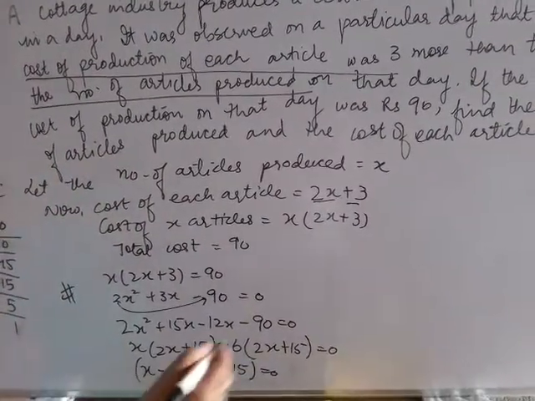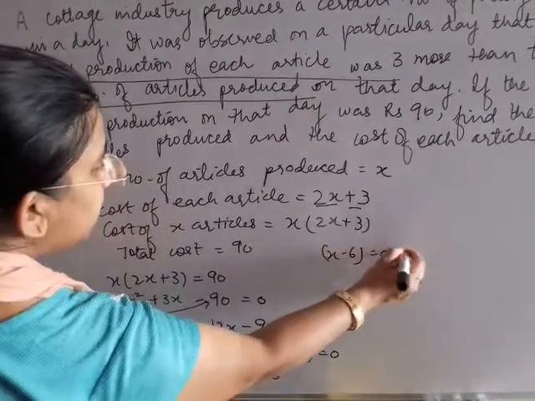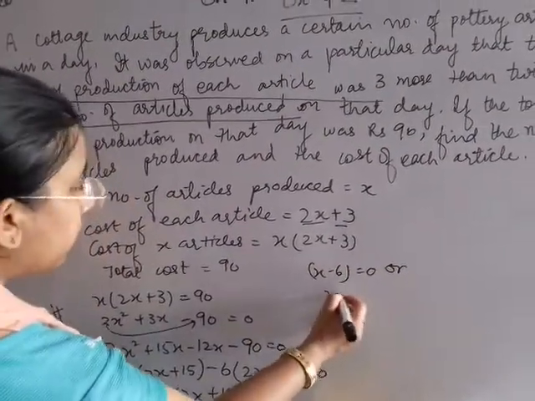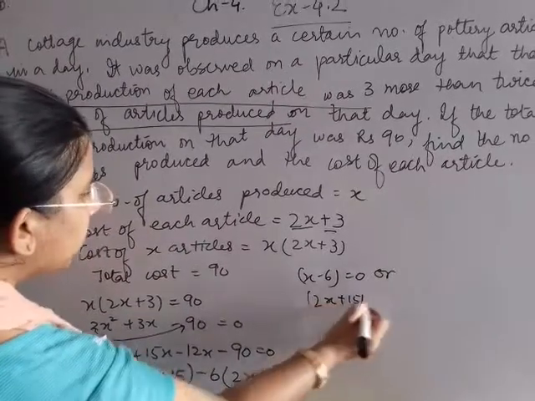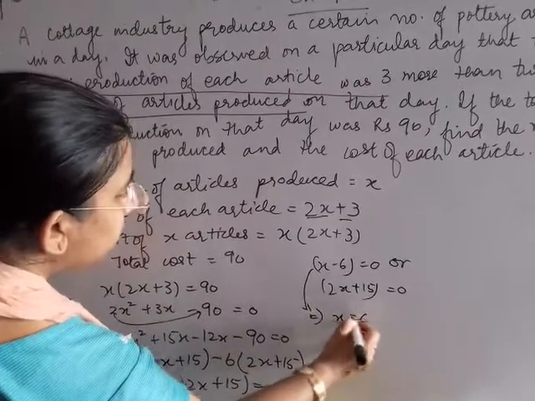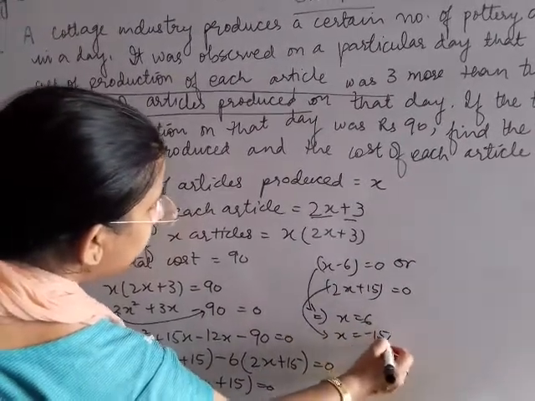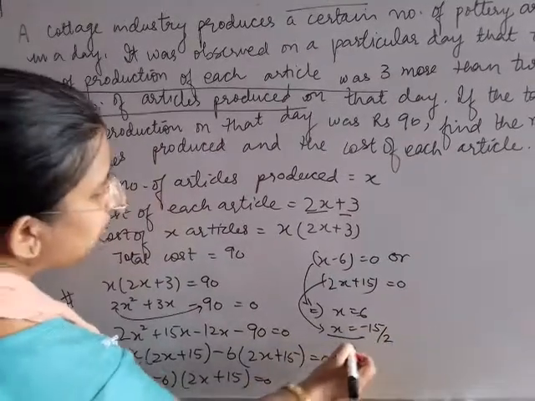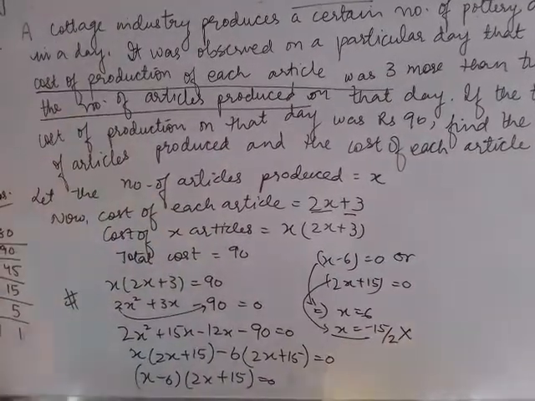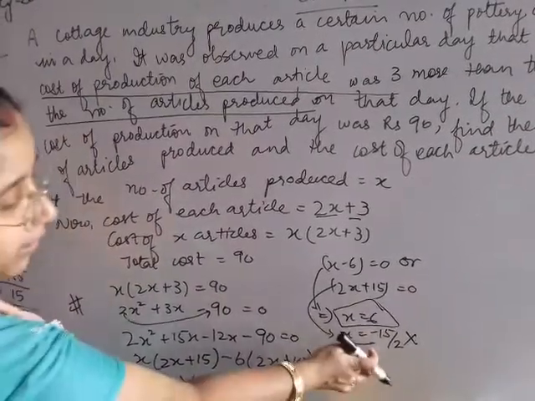Equating these two factors equal to 0, we'll have x minus 6 is equal to 0 or 2x plus 15 is equal to 0. From this we have x is equal to 6. From this we have x is equal to minus 15 by 2. As cost cannot be negative, this will be ignored, and the number of articles produced cannot be negative.